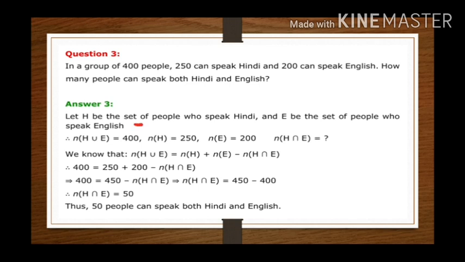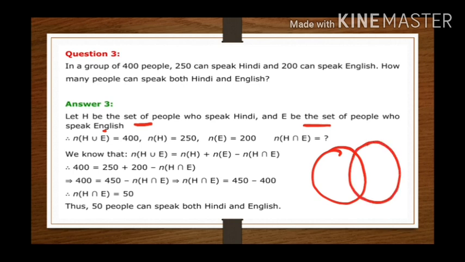Let H be the set of the people who speak Hindi and E be the set of the people who speak English. This is the H set, who speak Hindi. This is the E set, the collection of the people who speak English.